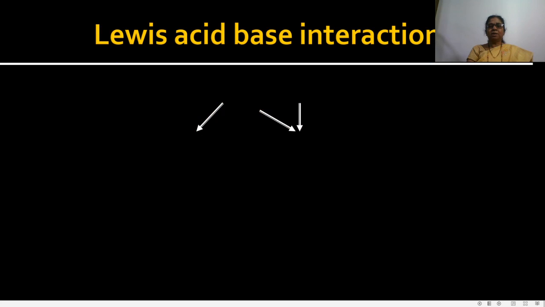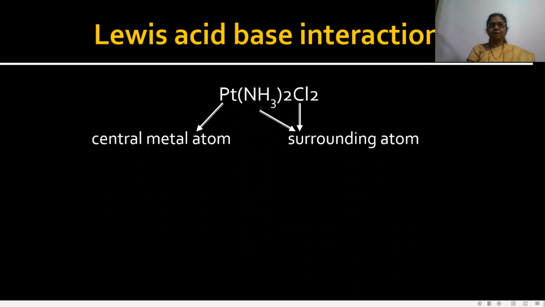Coordination compounds act through Lewis acid-base interaction. See, for example, Pt(NH3)2Cl2. This is the coordination compound. Coordination compounds contain the central metal atom and surrounding atoms.